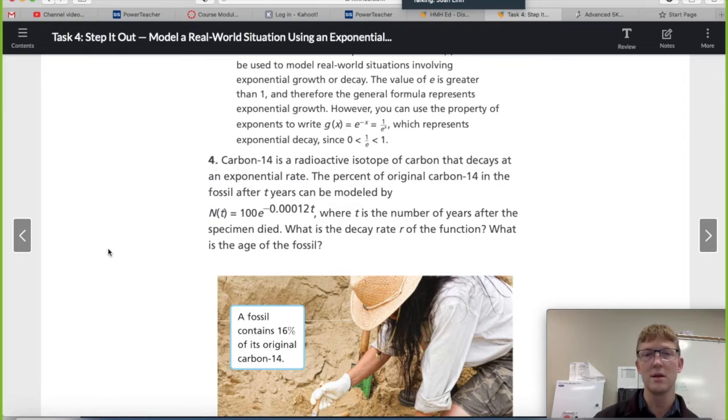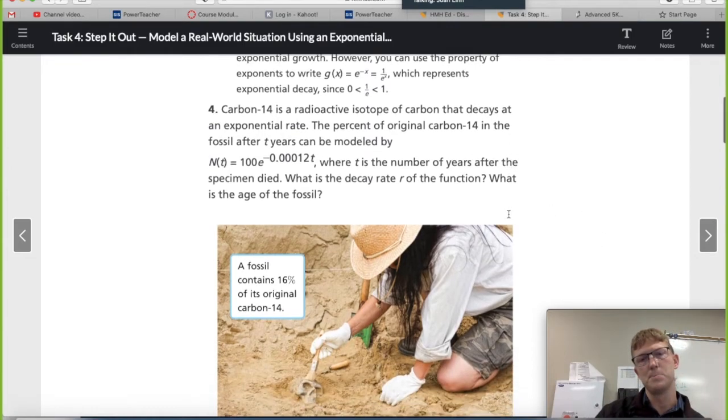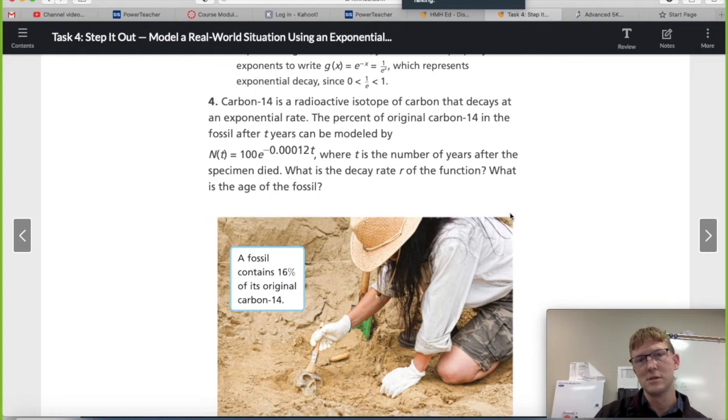So remember the rate of exponential decay from last lesson. It was something like 1 plus the rate if it was growth, and 1 minus the rate if it was decay.